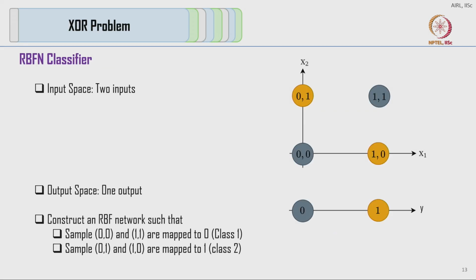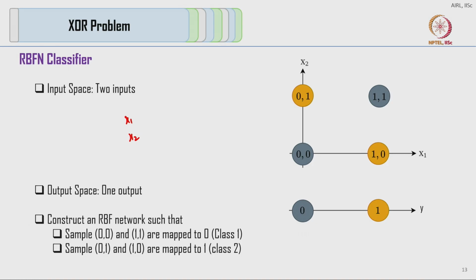Now let us revisit the XOR problem. What we said, XOR is linearly inseparable. The input space has two inputs, x1 and x2, and each input could be 0 or 1.